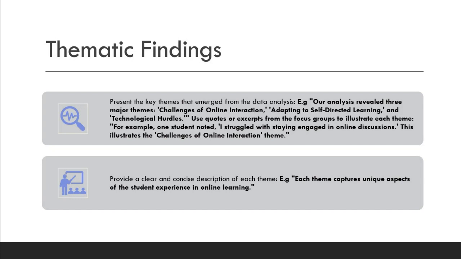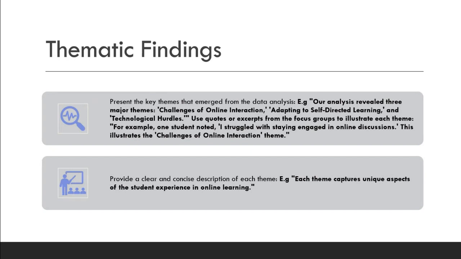So it could be multiple people that said the same, so you could choose one, or if it was one person that said a quote that related to a specific theme, you would then follow by including that quote within that same theme. So you would say, for example, one student noted, "I struggled with staying engaged in online discussions," which then would link to one of the themes of challenges of online interaction.